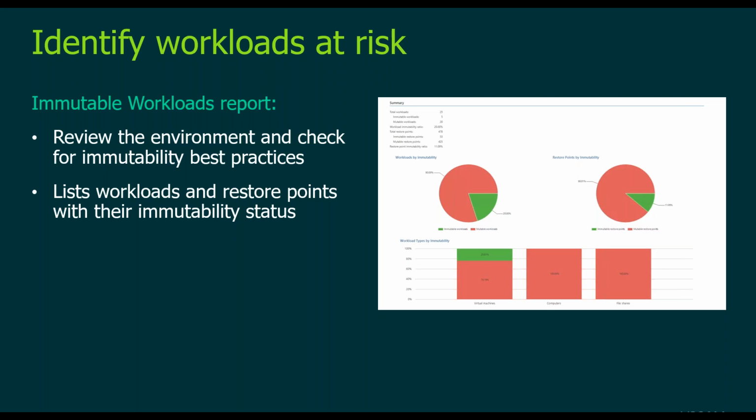The breakdown of the report will include details like the overall number of workloads protected or not protected by immutability, and the total number of restore points stored on immutable storage, as well as by workload type.